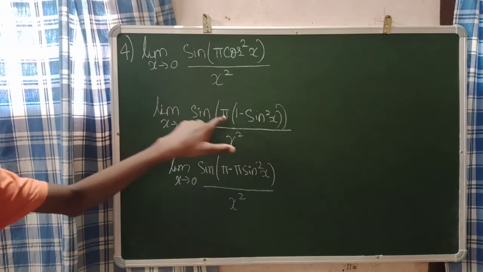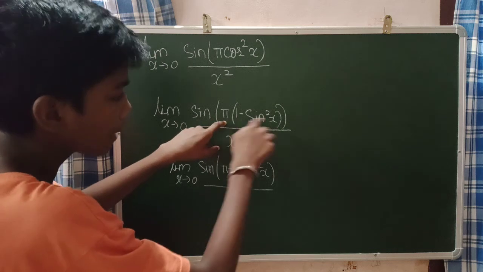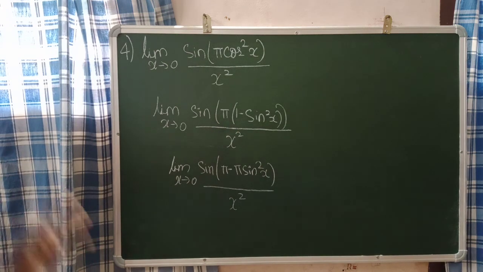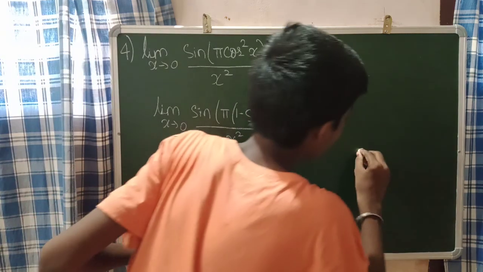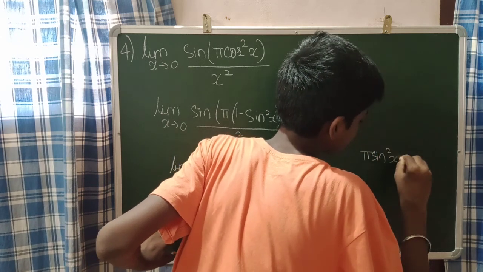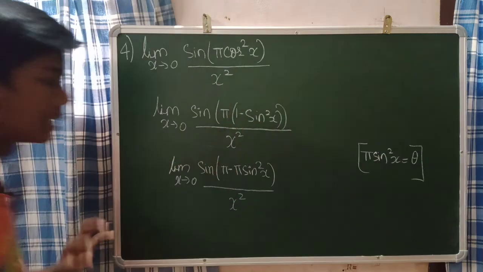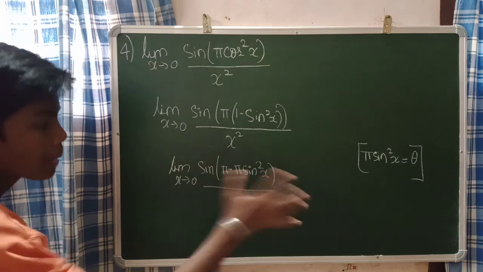Just I multiply this pi with the inside value. Pi into 1 will be pi. Pi into minus sine square will be minus pi sine square x. That's all. Very simple. Now in this part, I am going to take this pi sine square x as some theta. When I take like that, this looks like a form of sine of pi minus theta.